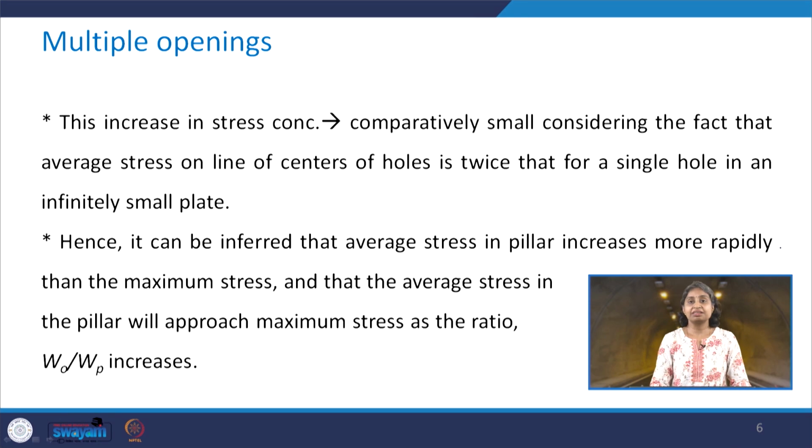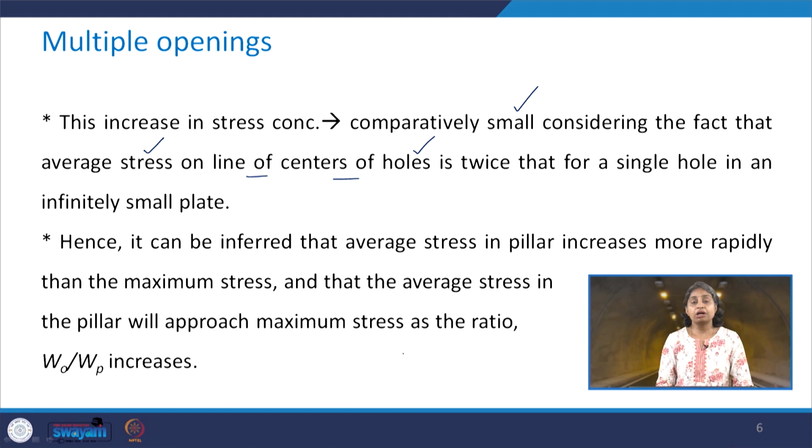Now, this increase in the stress concentration is relatively quite small, considering the fact that the average stress on the line of centers of the hole is approximately twice that of a single hole in an infinite plate. So you see that although the average stress has increased twice on the line of centers of the hole, the increase in the stress concentration is relatively quite small.